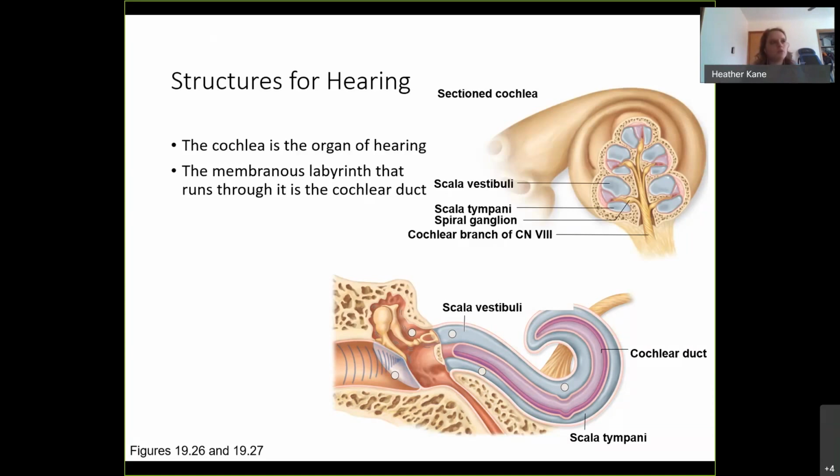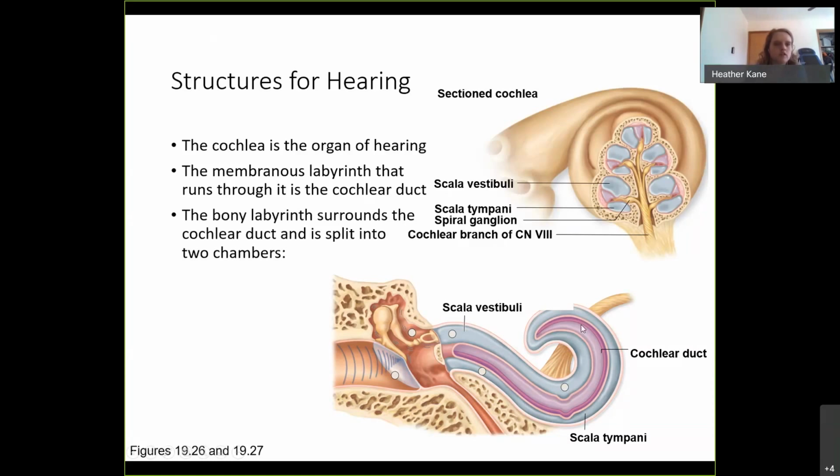So pretend that you're unrolling this cochlea, and this is what we're looking at right here. Throughout this cochlea is this membranous duct, and it is split into two different chambers. We have a scala vestibuli on the outer portion right here, and then going around, we have the scala tympani over here.